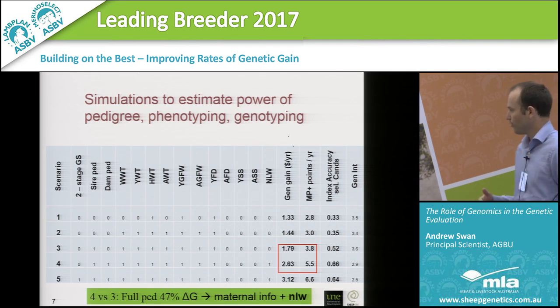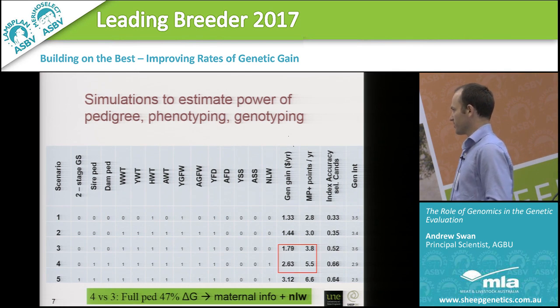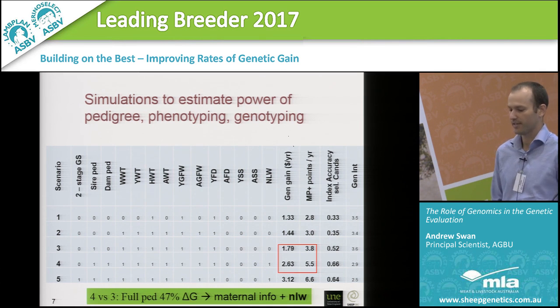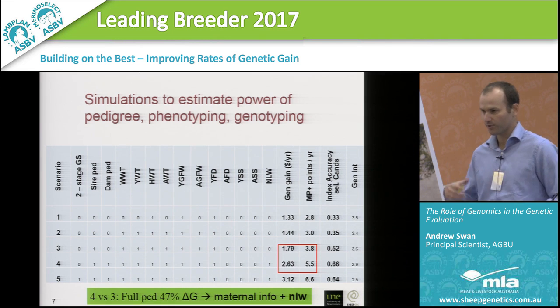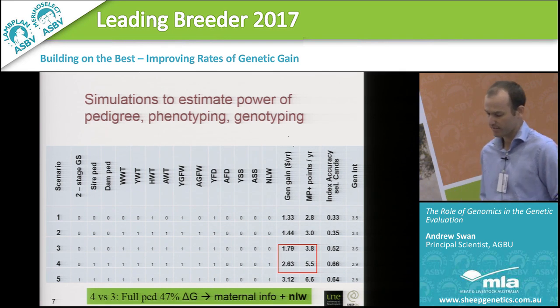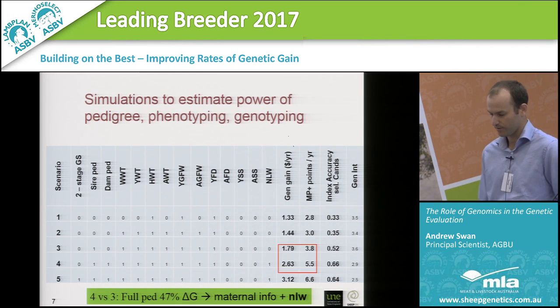So if we compare scenario 4 with scenario 3, so 3 is just sire pedigree, 4 is a full pedigree which includes number of lambs weaned, we can see that we can significantly start to increase our rates of genetic gain. And we're seeing that there's that power of the maternal information, as Luke was touching on yesterday, but more so you're picking up that number of lambs weaned trait.